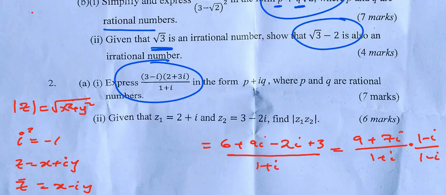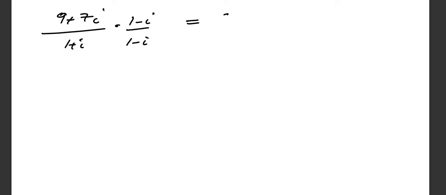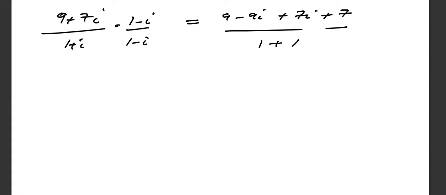So if we do this, we have 9 plus 7i, then 1 plus i, and 1 minus i, and 1 minus i. The numerator here is going to be 9 minus 9i, then plus 7i, then positive 7. Down you just get 1 plus 1.